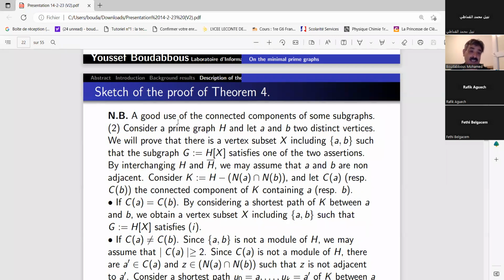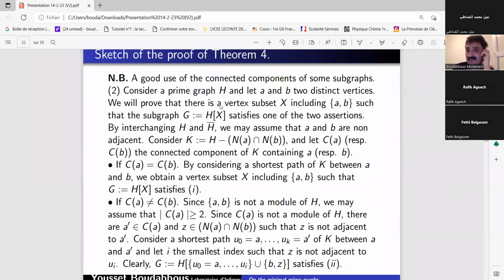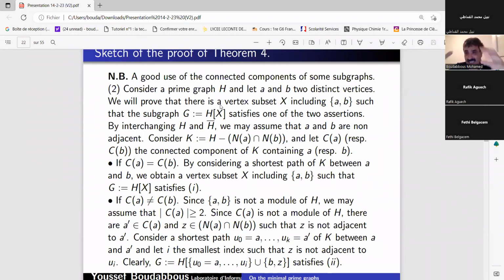And here we give the proof of the second assertion. Consider A and B to describe the minimum. To prove this assertion, we call H our graph, and we will prove that there is a subgraph containing AB such that the induced subgraph satisfies the assertion of the theorem.